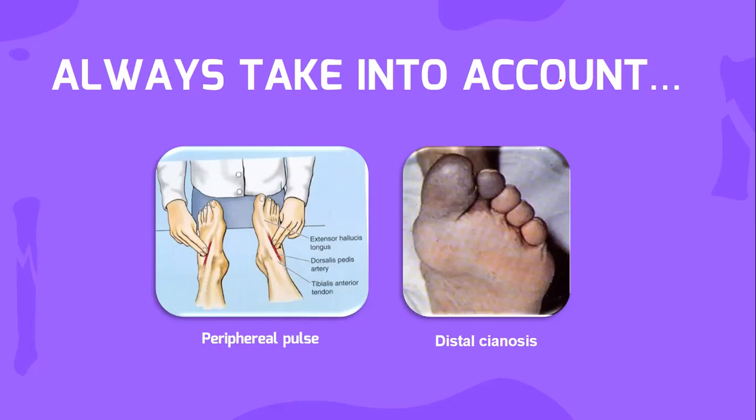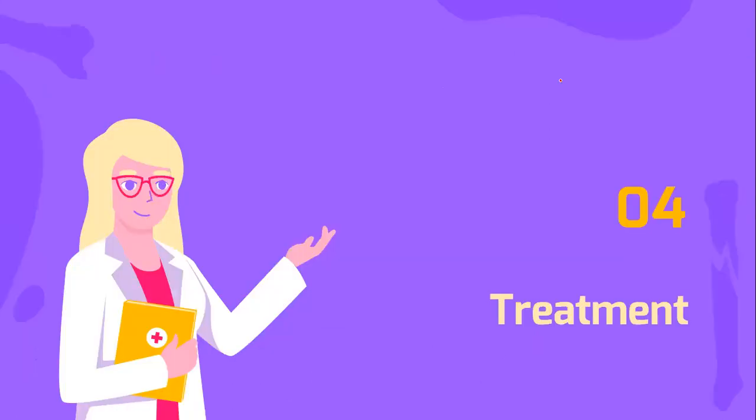And we always have to check for distal cyanosis, and that is shown on your right. Distal cyanosis might be telling you about some blood vessel damage that could be related to the fracture that you are supposed to treat.